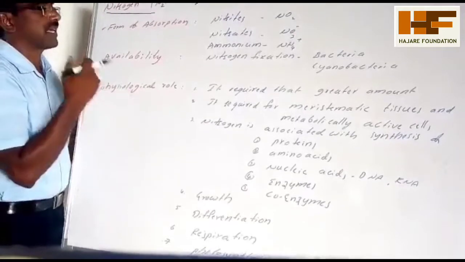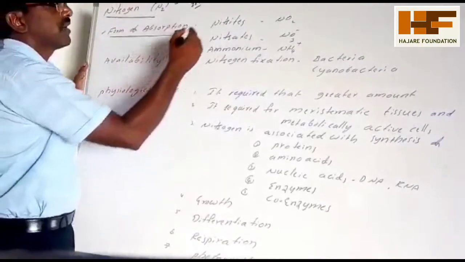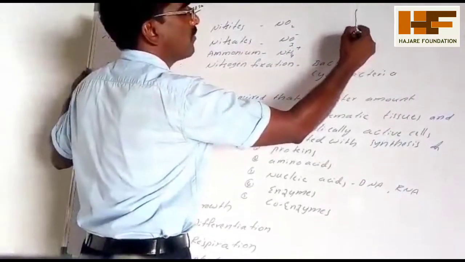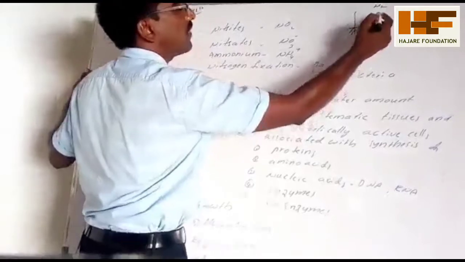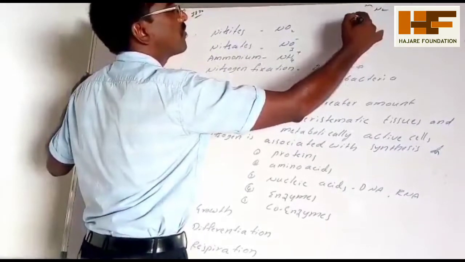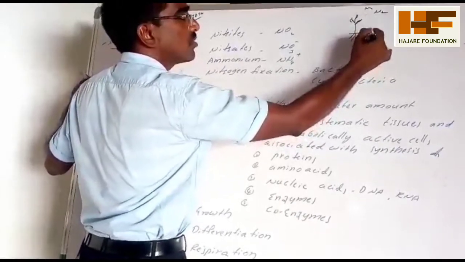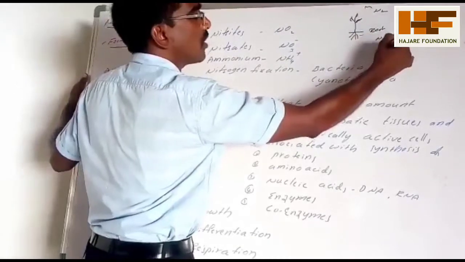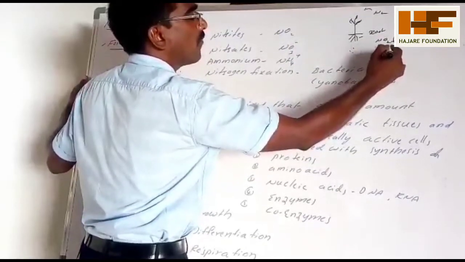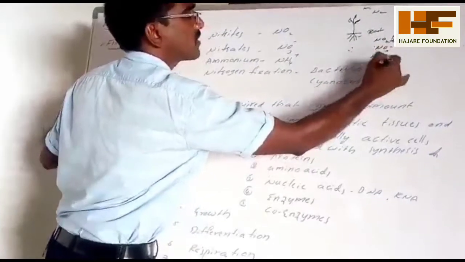life cycle. Then the form of absorption, meaning nitrogen taken by plants. Generally, nitrogen is available from the atmosphere, but even though it is available, nitrogen is not taken directly by the plant body. Nitrogen is taken from the soil through the root in the form of NO2, NO3 minus, or NH4 plus.